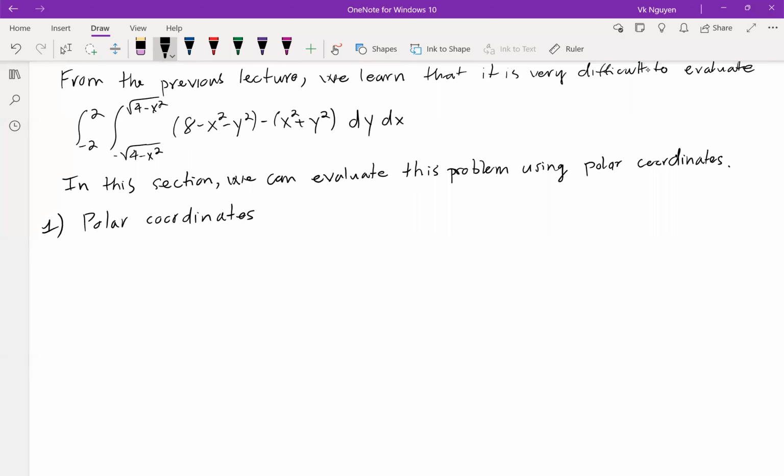For polar coordinates, you can turn any rectangular coordinate into a polar coordinate. So let's say you have a coordinate (x, y) right here. You can get an angle theta here, where it is x and it is y. From here you see that you got a right triangle, with the radius being r.